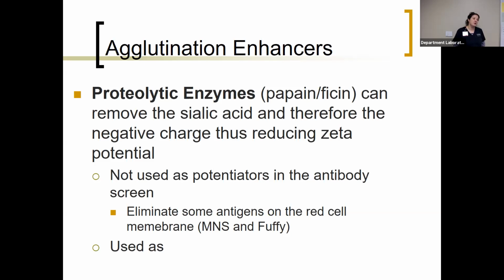So if you are trying to identify multiple alloantibodies, enzyme treatment is a really good way to get rid of some reactions. Let's say a really good example to use enzyme treatment is if you have a Duffy A or a Duffy B antibody, and you have maybe only like 2 negative reactions on your panel, then you could get rid of the Duffy A antigen on your commercial cells and then see if the patient has any other reacting antibodies.